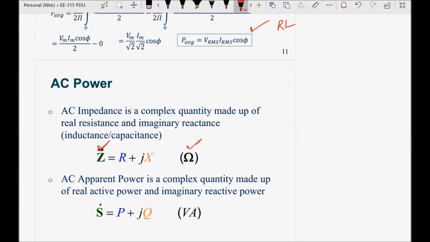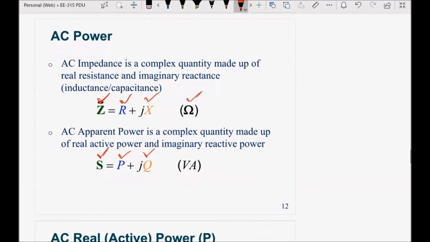It is a complex quantity made up of real resistance and imaginary reactance. Similarly, the apparent power is also a complex quantity which consists of real and reactive power. And if we take the square root of the sum of the squares of these two, we can come up with the magnitude of the apparent power.